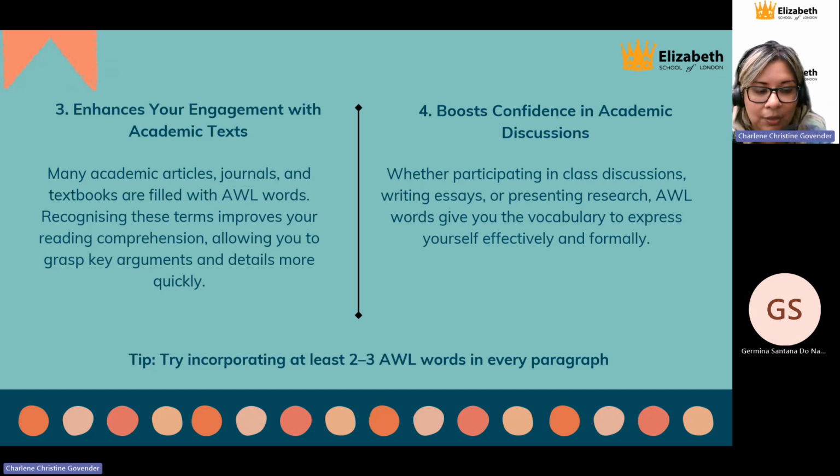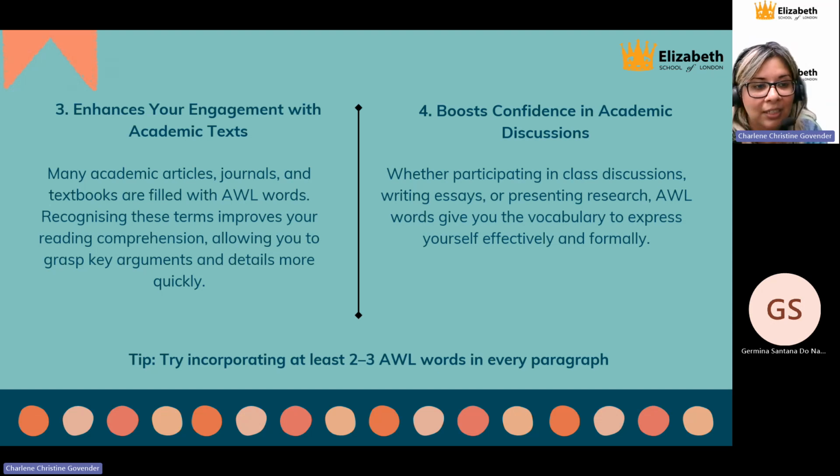So if you are familiar with these words in your sublist 1 all the way to sublist 10, when you are reading an academic journal, if you're reading a textbook, you will come across these words, okay? They will not be unfamiliar to you.